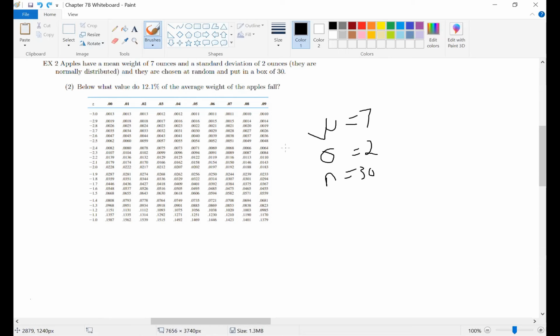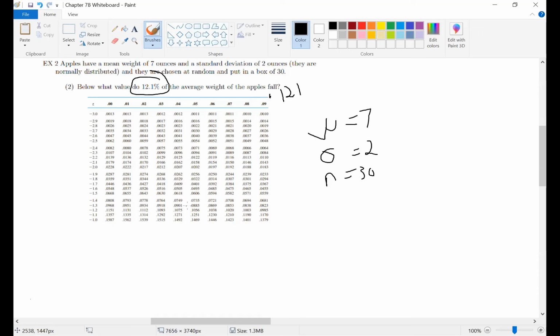For this one, we're going to do what we did before, but now we're going backwards. When we work backwards, the first thing we have to do is find the z-score. Here's how we find the z-score. This number, 12.1%, so 0.121, find that in the table.